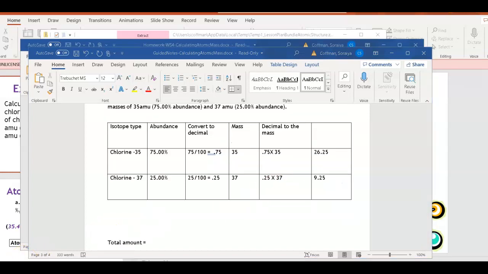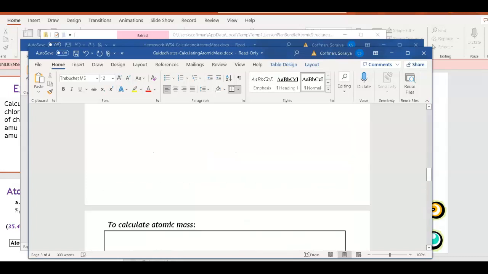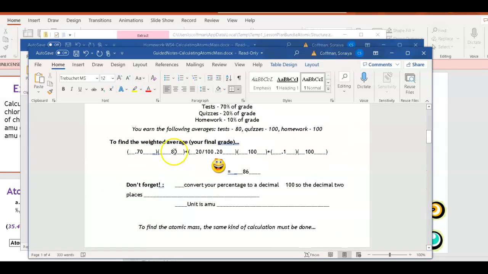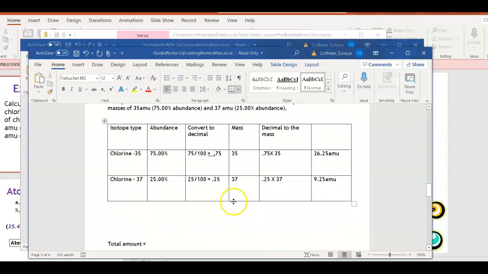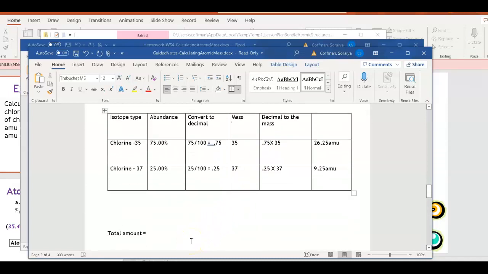Okay, so I did my calculations here, and these are actually AMUs. Just like our test up here, each of these you had to multiply, and then you had to add them up in between. So here we have to add them up. What's 25 plus 25?